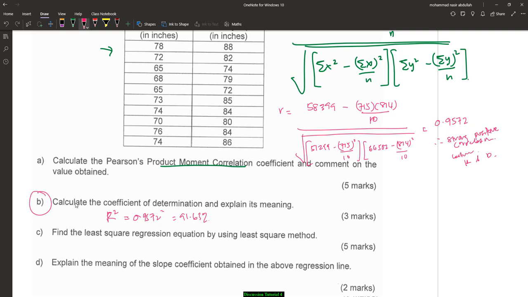So you need to convert it into percentage lah. So usually coefficient of determination is expressed in terms of percentage. Now you need to explain its meaning. What does it mean?